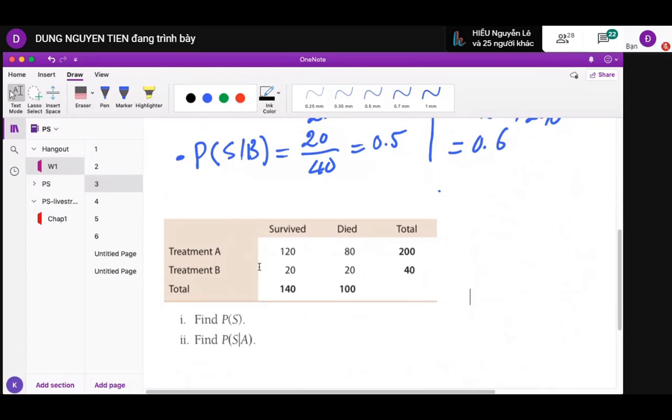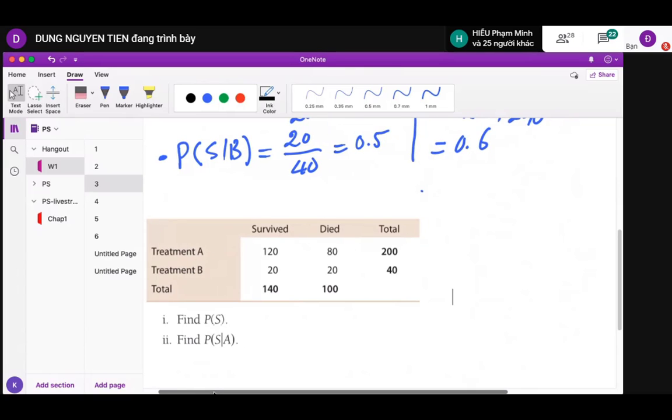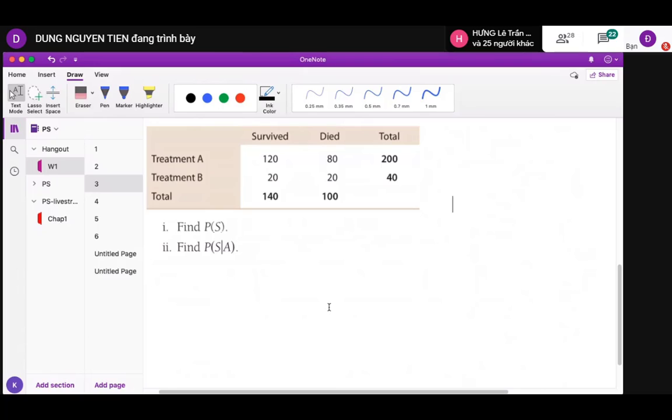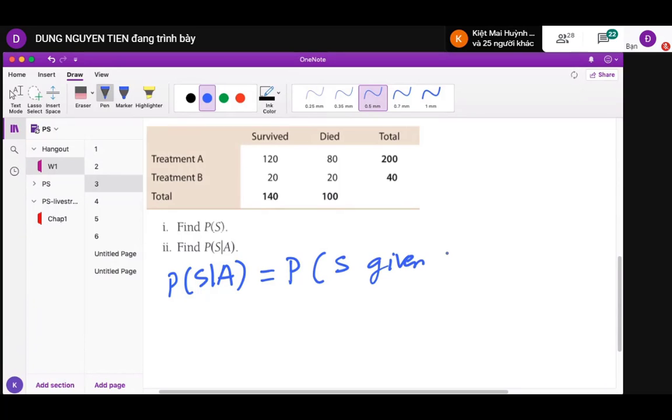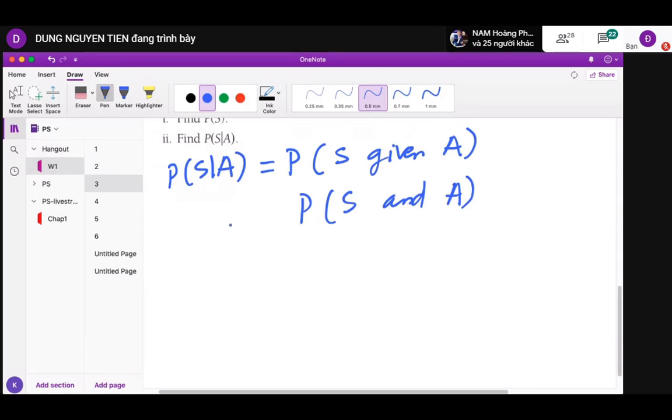Now you have this table, and we already computed the probability of S given A. How about the probability of S and A, or the probability of S or A?